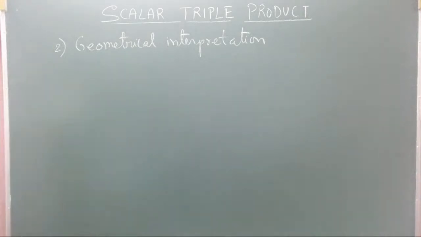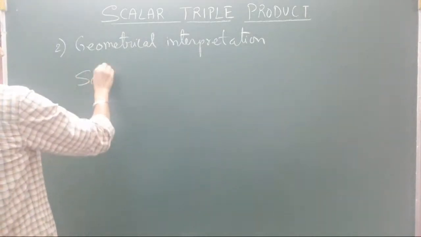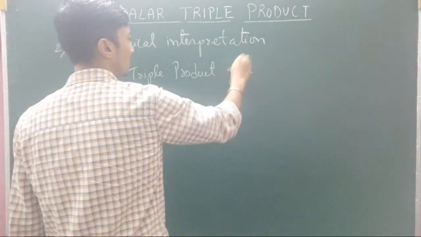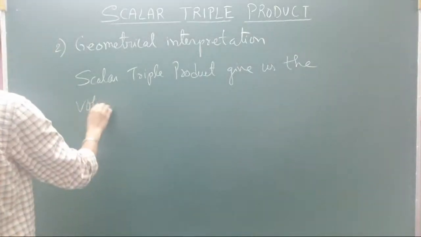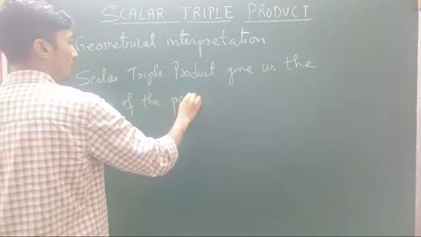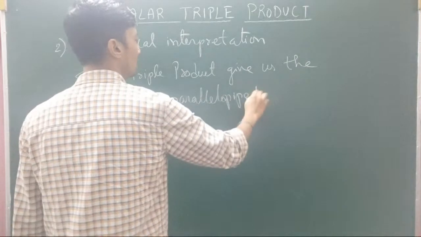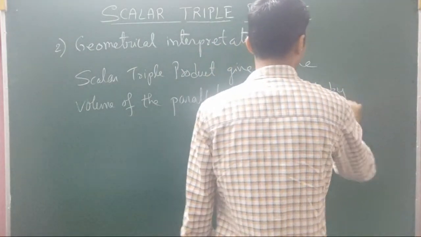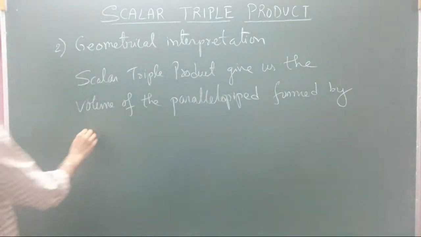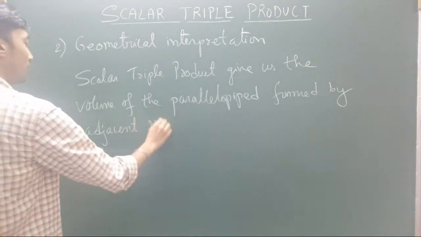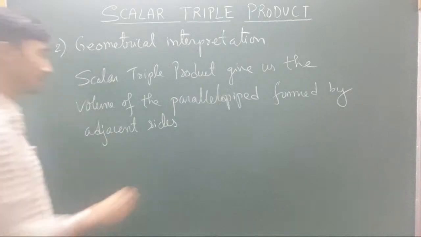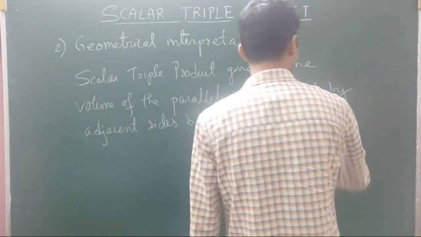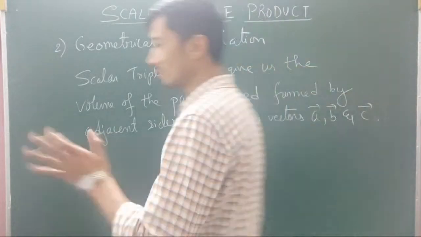Of course, you can first write down that scalar triple product in brief gives us the volume of the parallelepiped formed by adjacent sides, by the three vectors, any three vectors, if we consider vector A, vector B, and vector C. Don't worry, I'll tell you exactly what it means.